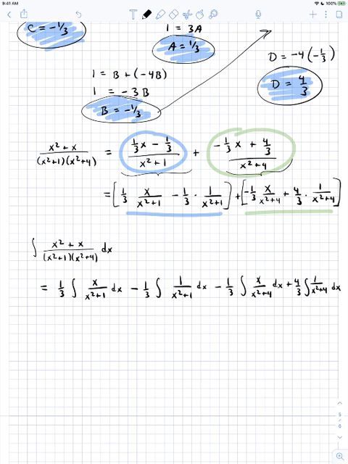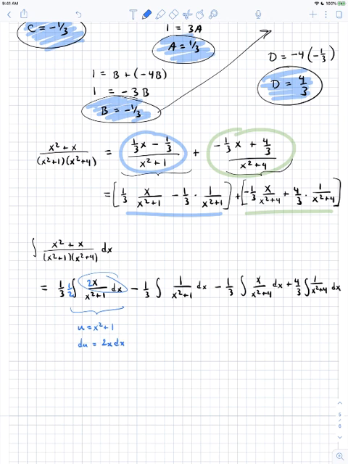So for the first one, you want to use the substitution. Let u be equal to x squared plus 1, then du is equal to 2x dx. So we have an x dx, you just need a 2 in front, so you put a 1/2 in front of that.